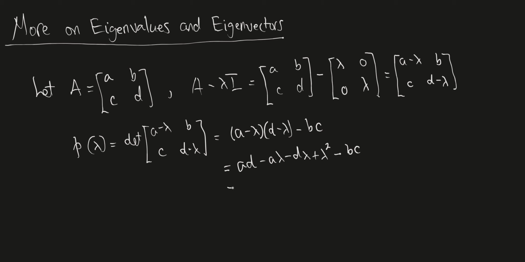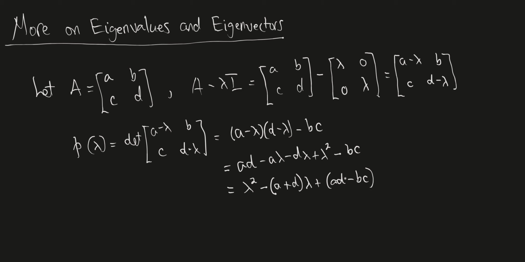So let's write this in the standard form. The lambda squared would go first. And then for the middle term, let me take out the minus, and then I'm going to have A plus D in parentheses, and then I'm going to put the lambda right here. Now let's look at the constant term. We have AD there, and then minus BC there. So we have AD minus BC.